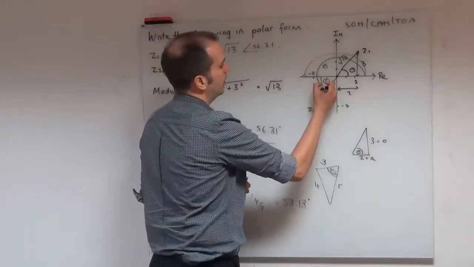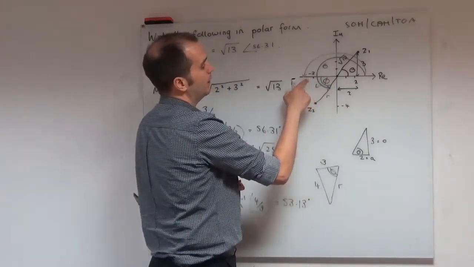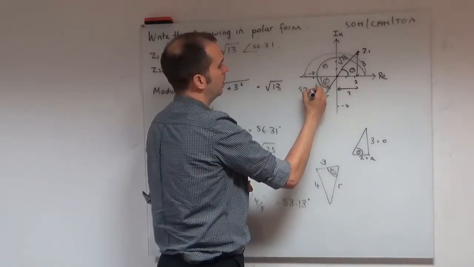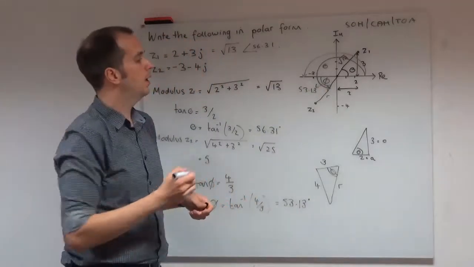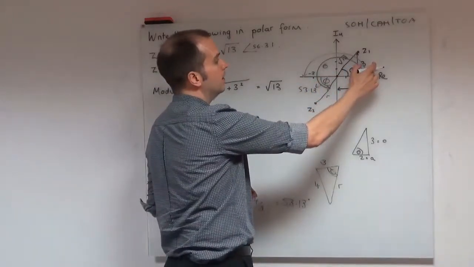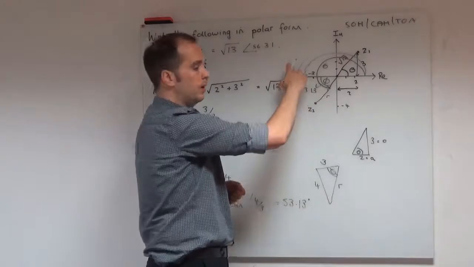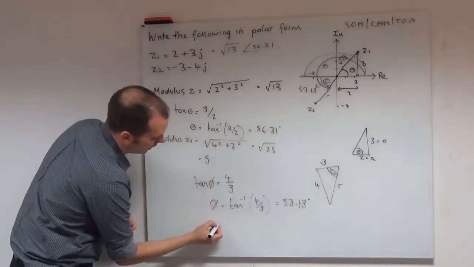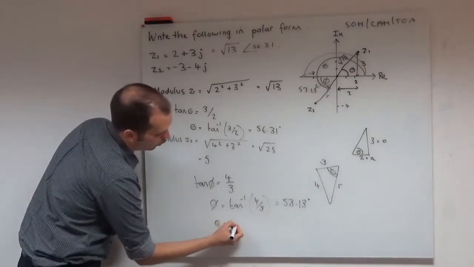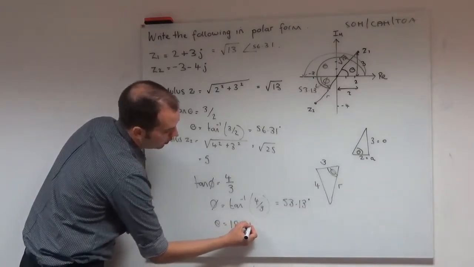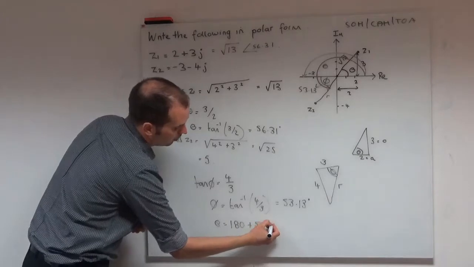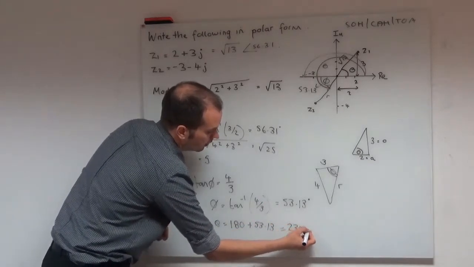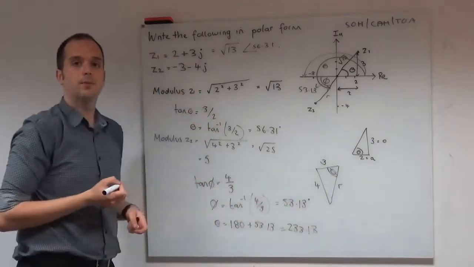This is just the angle it makes with the negative x-axis round to our number. So that is 53.13. If I want the angle it makes from here, I need to do 180 plus 53.13. So I can see my theta is 180 plus 53.13, which is 233.13.